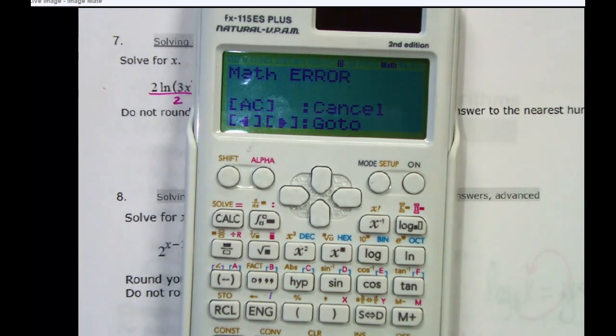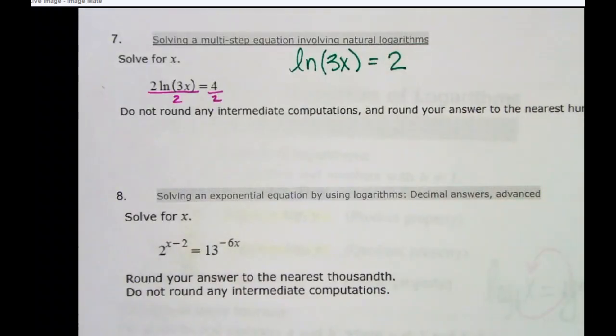Wait. I cannot take the log of a negative or of 0. So we always need to check our solutions. So does that mean you can't have a log to the bottom of negative? Oh, that's when we were raising to an exponent, and our exponent was negative. I'll show you what I mean right now. Okay, let's solve this one and we'll look at it.